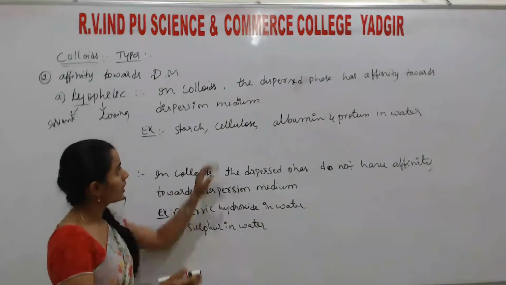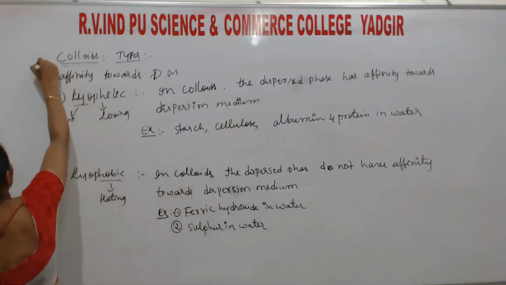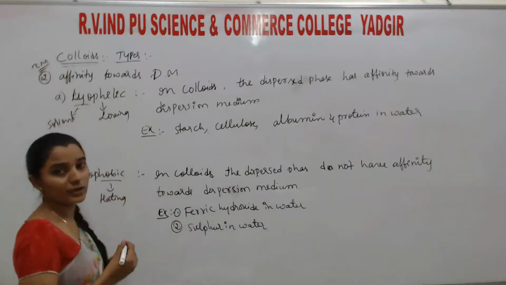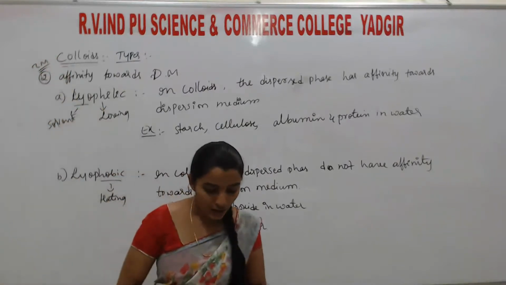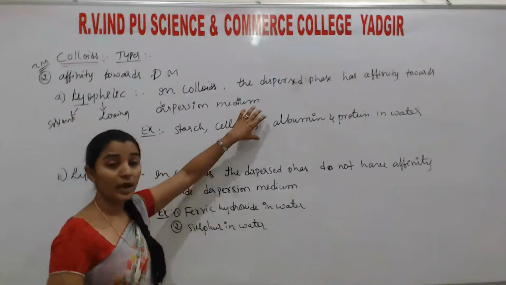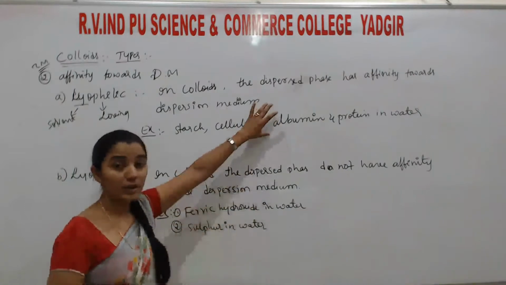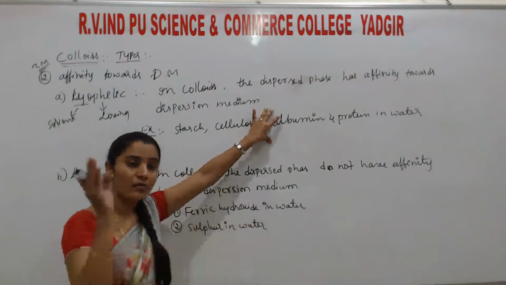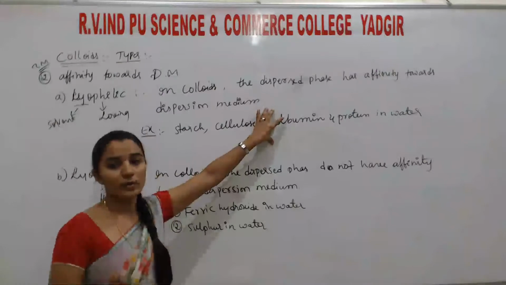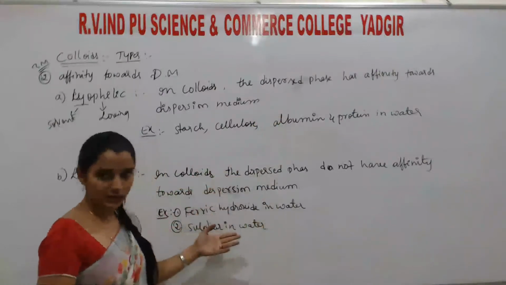Lyophilic and lyophobic. This is the definition. This is the example. This is very important for 2 marks. Another one is the difference between lyophilic sol and lyophobic sol. So students, listen here. These are hydrated, but these are not hydrated. These are heavily hydrated. They are always associated with water molecules, but these are not associated with water molecules because water is a solvent.